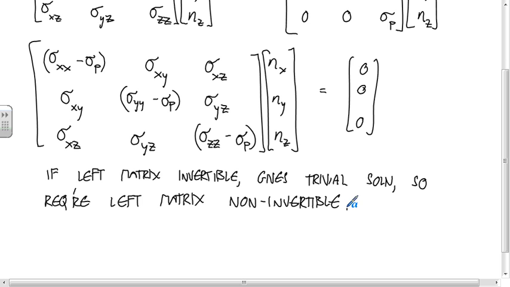Anyone happen to remember how we can check for whether a matrix is invertible or not? Yeah, you calculate the determinant and set the determinant equal to 0.